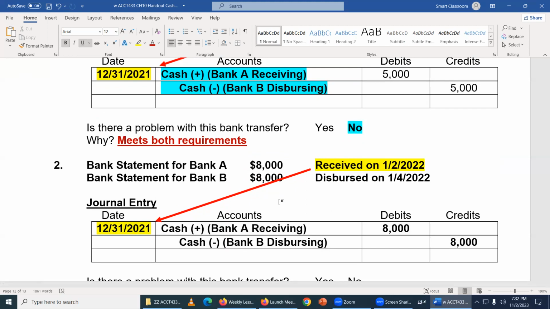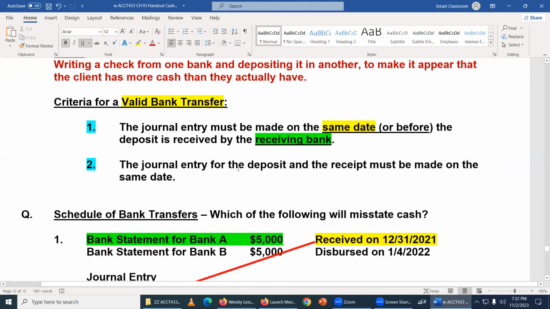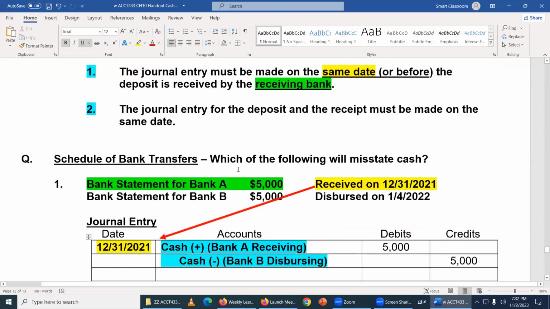So does it meet the first requirement? The journal entry is made on the same date or before the deposit by the receiving bank.